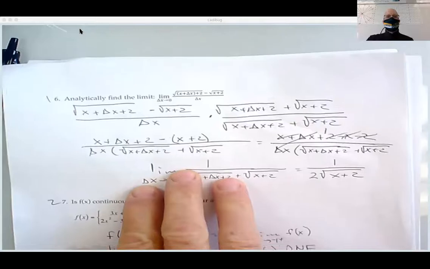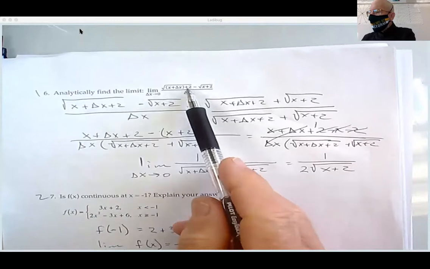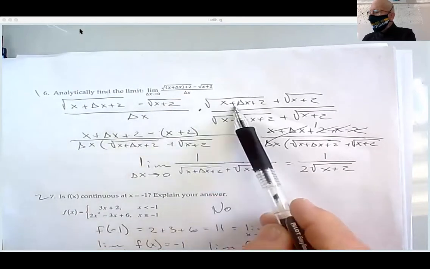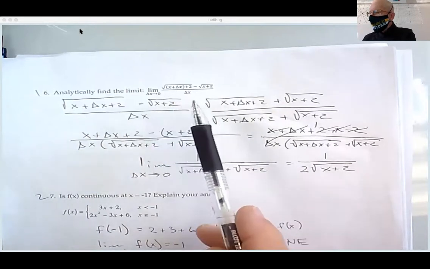Number 6, is that number 6? Is that correct? This one? So I have square roots, so I got to do the conjugate. So what I did is I did the conjugate first to simplify. I don't have to worry about any middle terms.